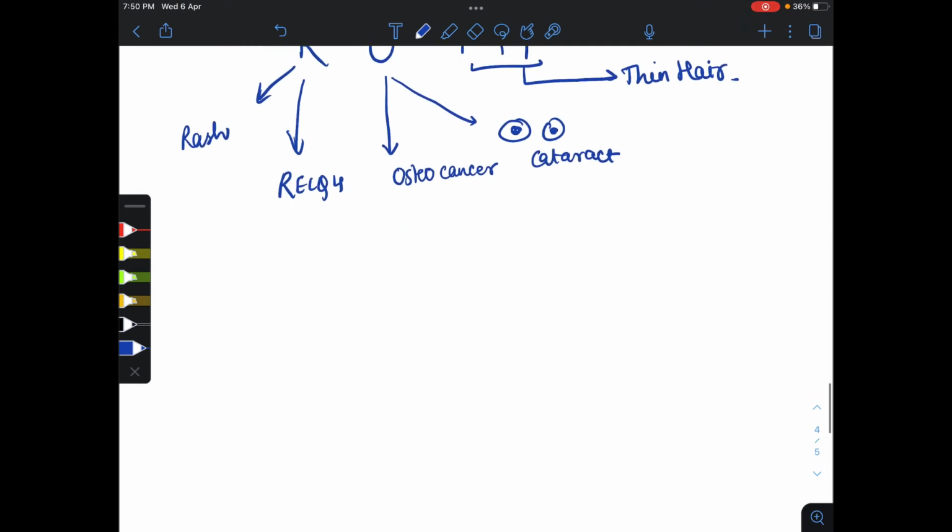Now we can draw one diagram also. Suppose this is a person's eyes, and there is thin hair. There is sparse scalp hair, and sparse eyebrows.